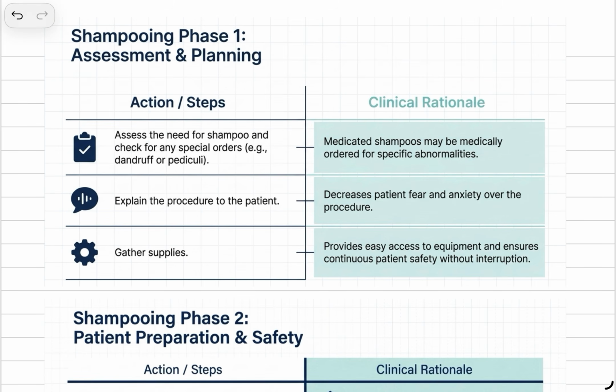First we need to do the pediculosis protocols, later on we need to do the shampooing. Clear? Are you understanding? Yes, you will understand the pediculosis protocol later on. So first we need to assess everything, explain the procedure we are doing for the shampooing, and gather all the supplies, as I said about the equipment.